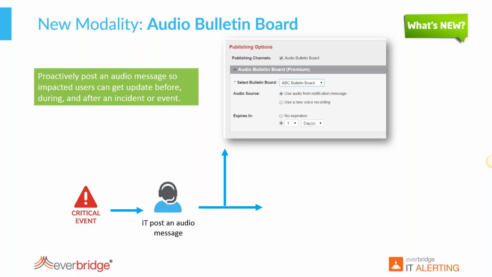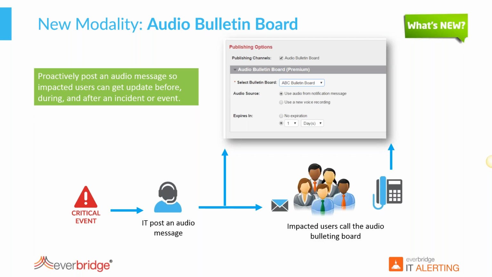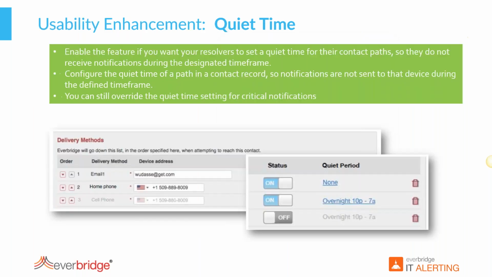The way it works, there's a critical event, an operator or someone at the service desk will post an audio message onto the audio bulletin board, and then people can just, by receiving a notification or not, dial in to check if there are any known issues at the moment, so they are proactively made aware of the issue. Therefore, they should most likely refrain from calling into your service desk. So that's the new modality, which is available, again, as part of your subscription.